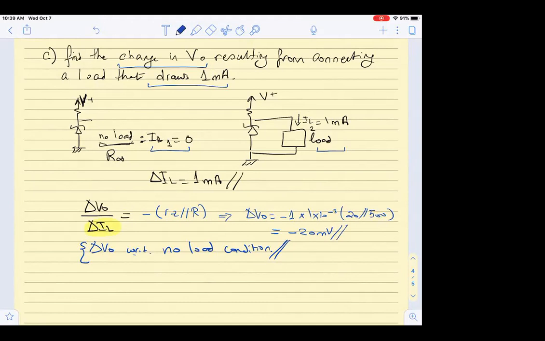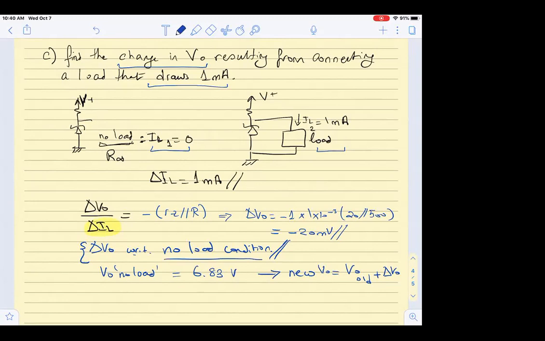How much was VO no load that we found a little while ago? VO no load was 6.83 volts. Now I can find the new VO as VO old plus delta VO. So the delta in the current is 1 milliamp, and I can find the delta in VO, but it is the delta with respect to the no load condition.